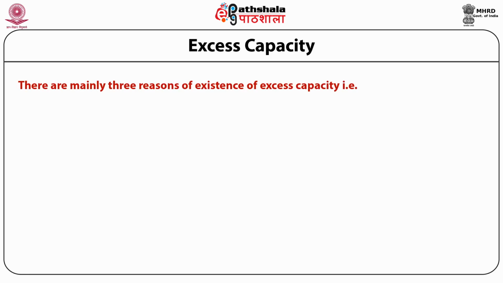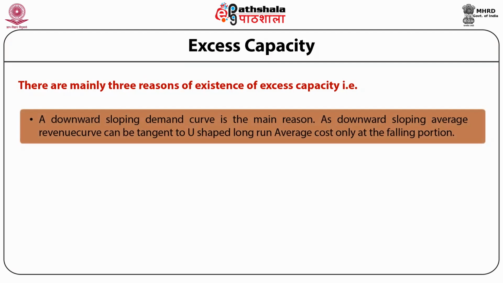There are mainly three reasons for the existence of excess capacity. A downward sloping demand curve is the main reason, as a downward sloping average revenue curve can be tangent to a U-shaped long run average cost curve only at the falling portion.